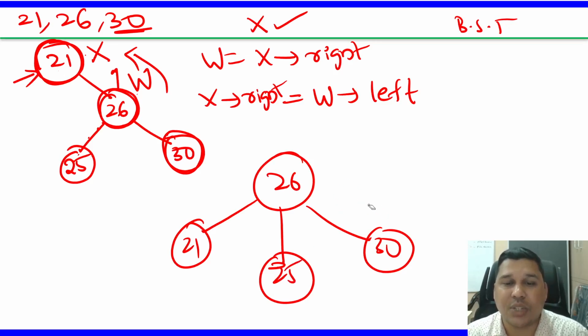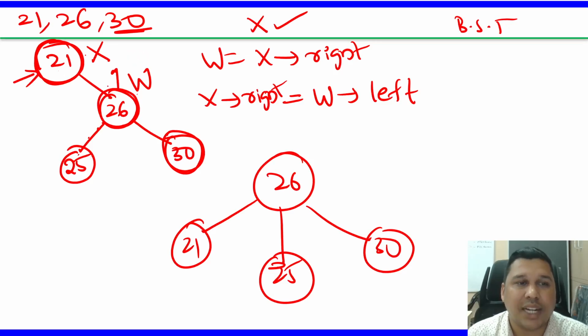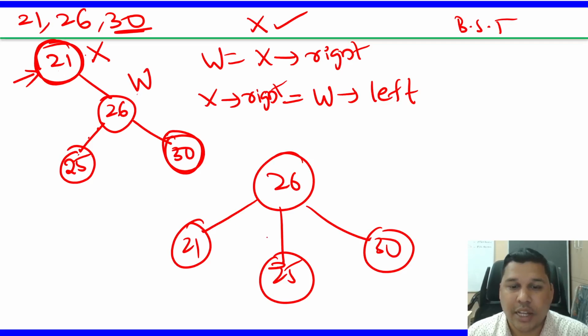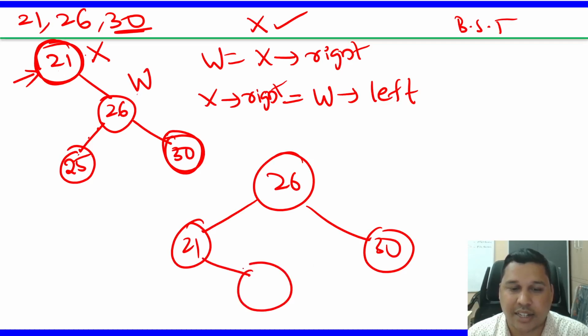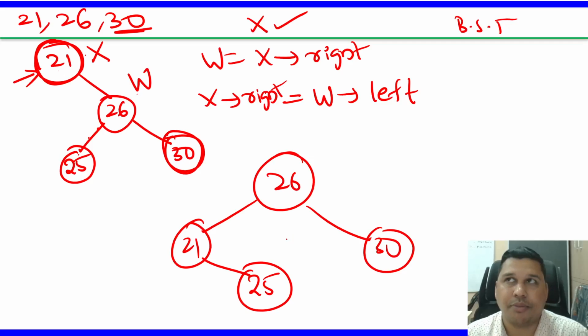So, that is why whatever elements are there on the left child of w, those you add as right child to 21. So, this got broken and it joined here towards the right side of 21.